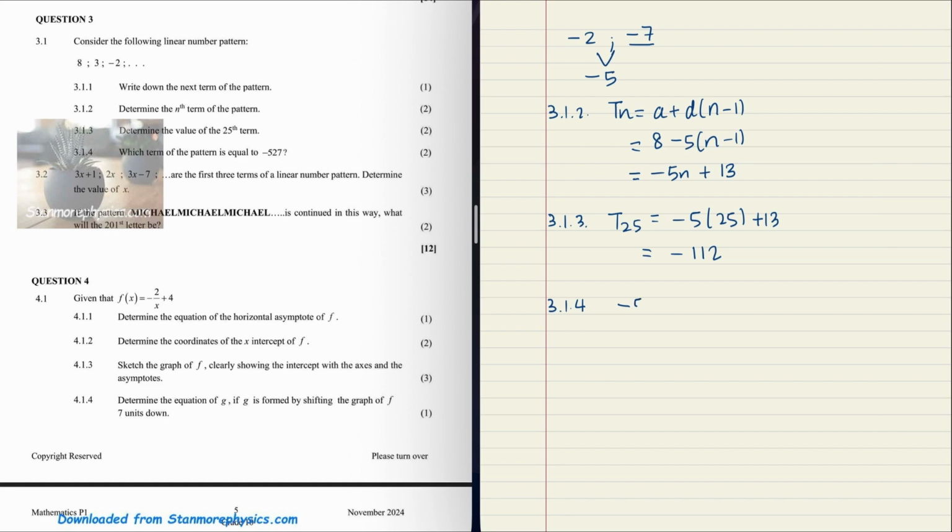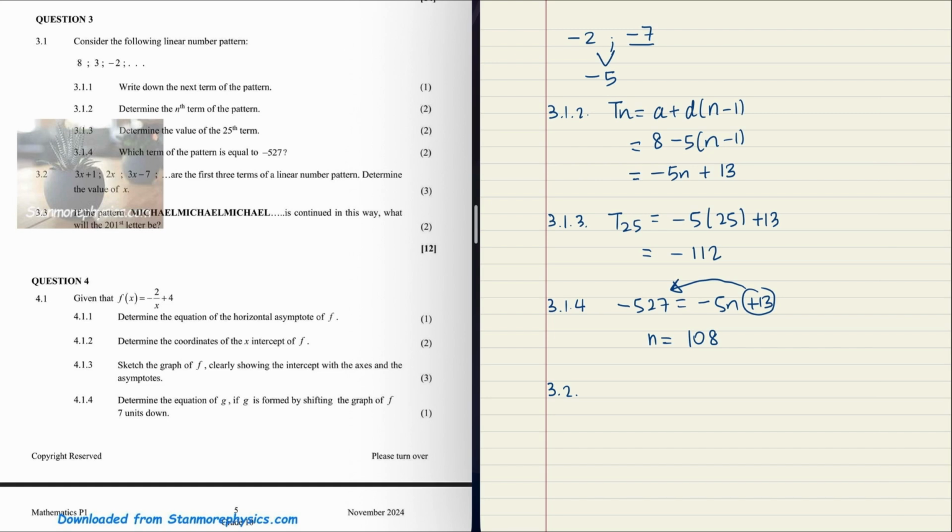So minus 527 is equal to minus 5n plus 13. So I can take the 13 over and simplify. I'm going to get n is equal to 108.